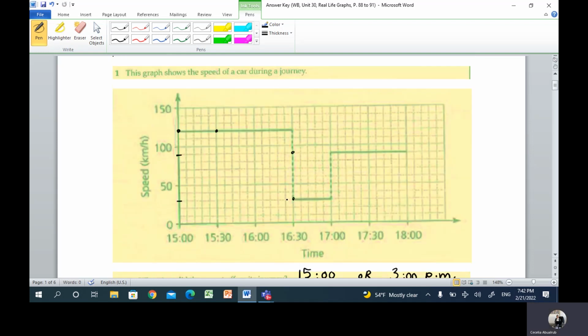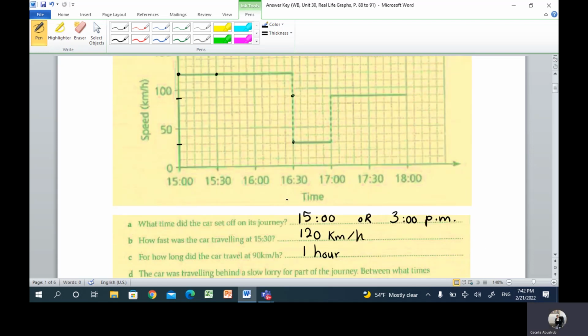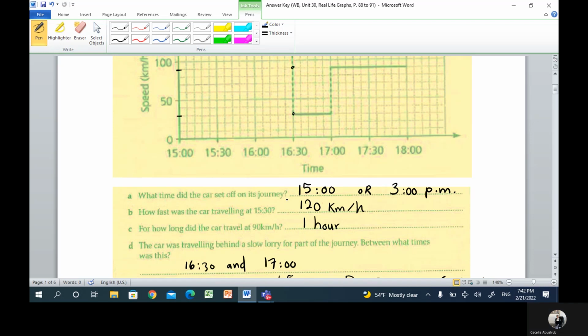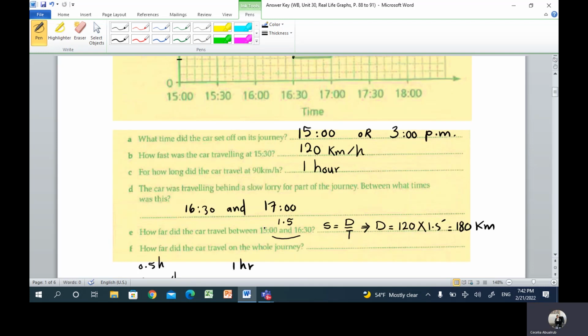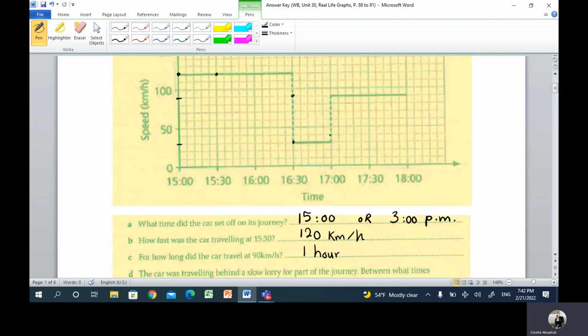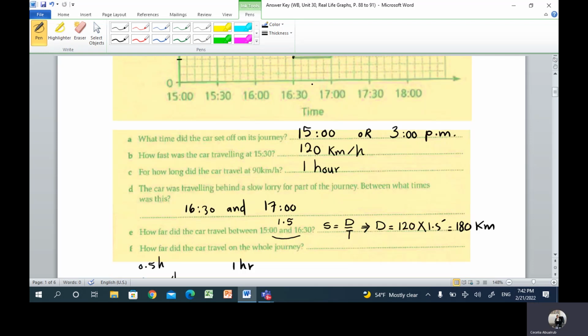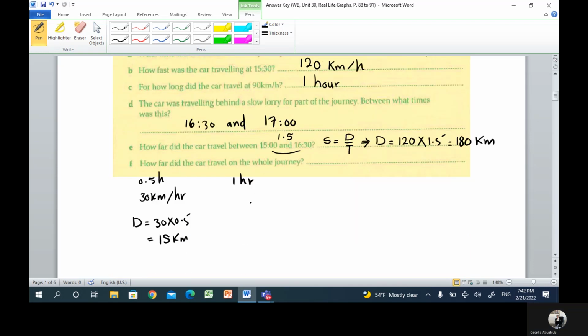And then from 17 to 18, it's 1 hour, and the speed was, as you can see here, 90 kilometers per hour.